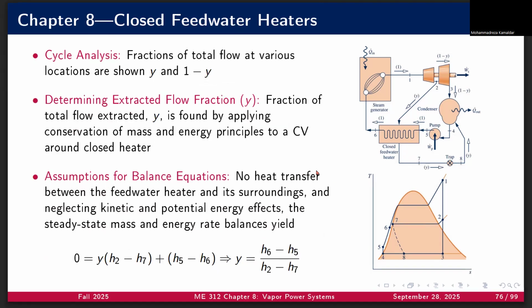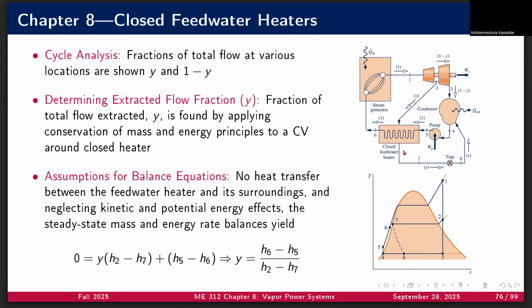So the next slide is about determining the extracted flow fraction, Y, which we also did for the open feed water heater. So we have now traced the flow through the entire regenerative vapor power cycle.